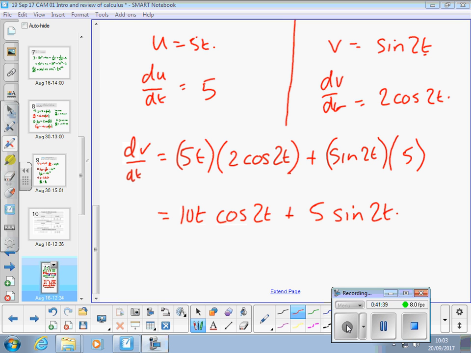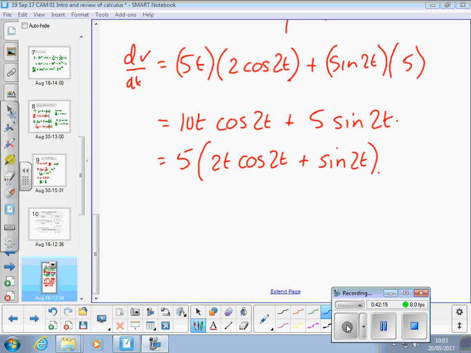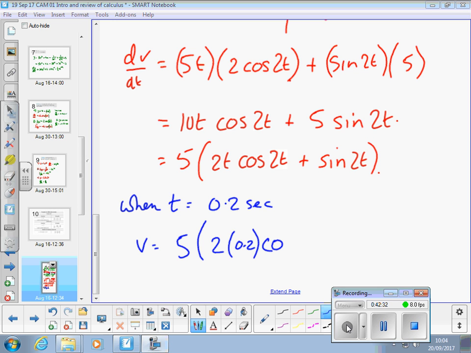Can we go any further? At that point, v equals 5 times 2 cos 2 times 0.2 plus sine 2 times 0.2.